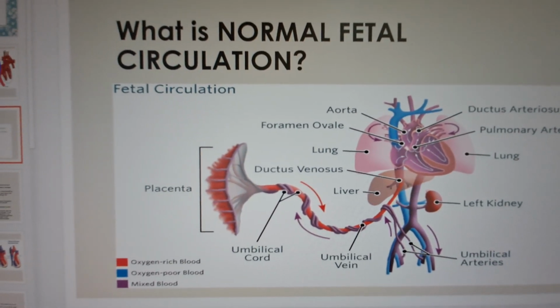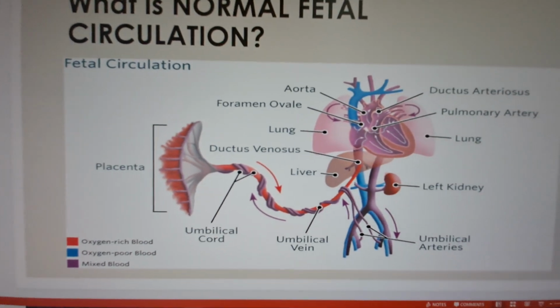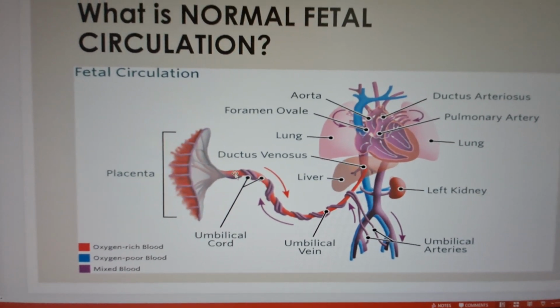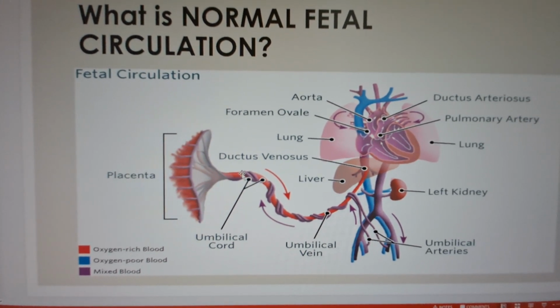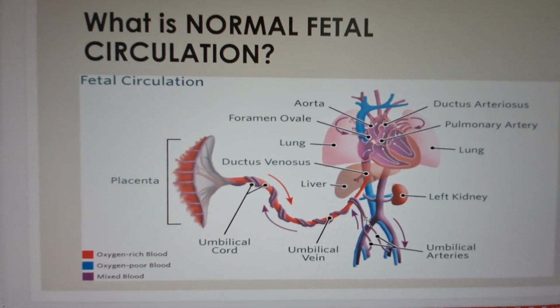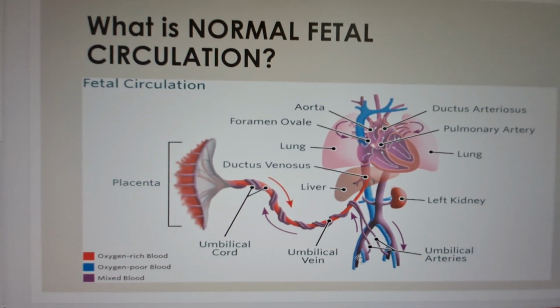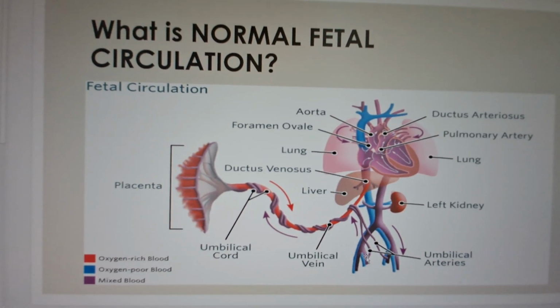Now in this picture you can see the circulation again. This is the placenta here, having the umbilical artery and vein. The umbilical vein and the two arteries are connecting from here, from the internal iliac.